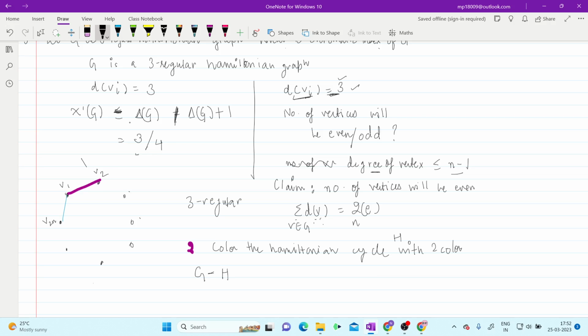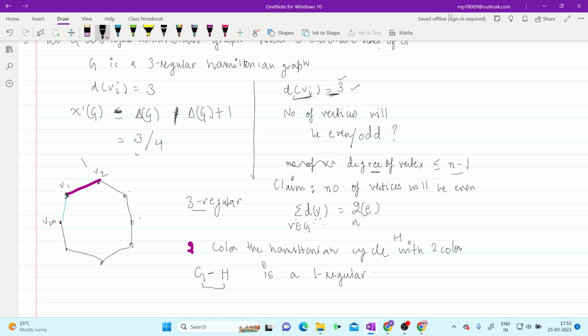If we remove the Hamiltonian cycle, how much degree is this Hamiltonian cycle contributing to each vertex? 2. So in the remaining graph G minus H, we can see that it is a 1-regular graph, because the Hamiltonian cycle contributes degree 2 to each vertex, but the given graph is 3-regular. So the remaining graph will be 1-regular.